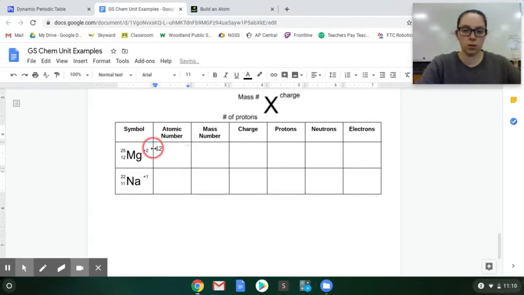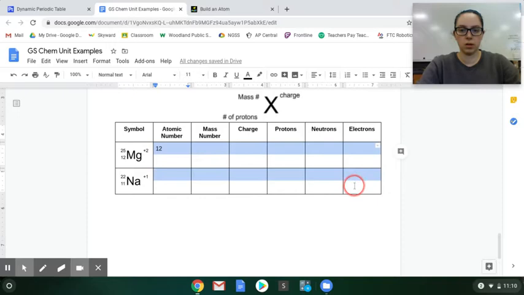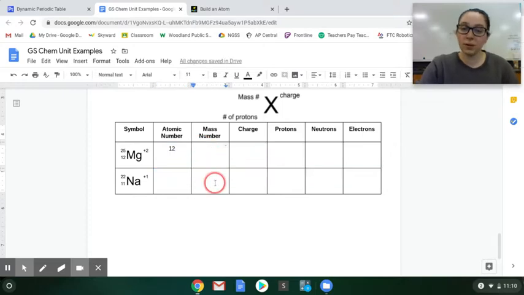Okay. My mass number, I don't have to do any calculations. My mass number is written right there, 25. That's my mass number. How do I know? Because I'm looking at this little template here. And I know that in the upper left-hand corner of my ion isotope symbol is my mass number, 25. My charge is in the upper right-hand corner, which is a +2.